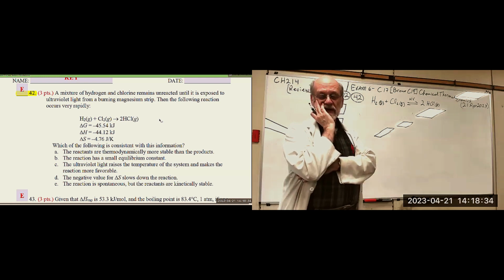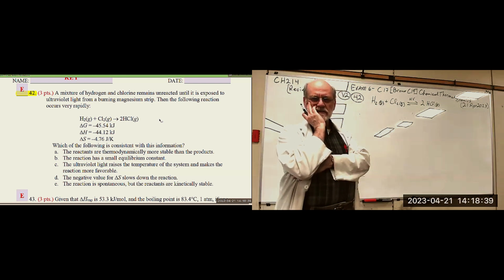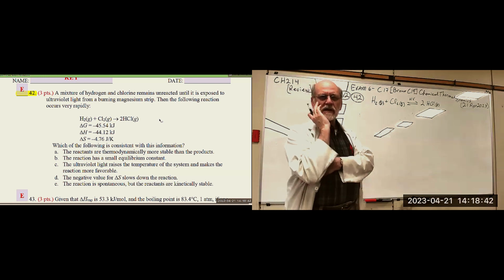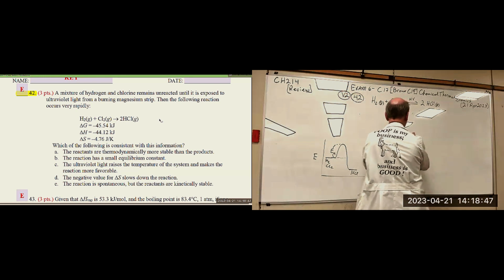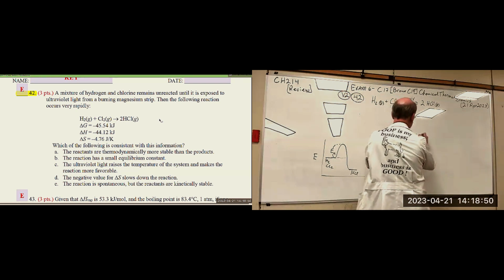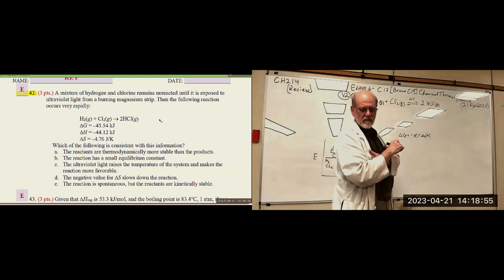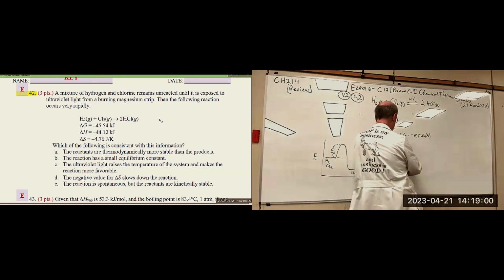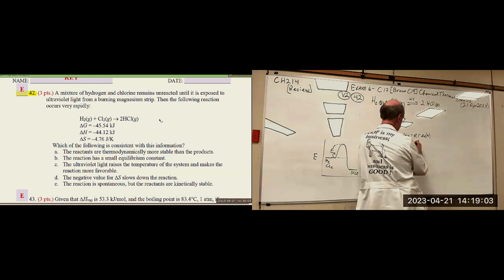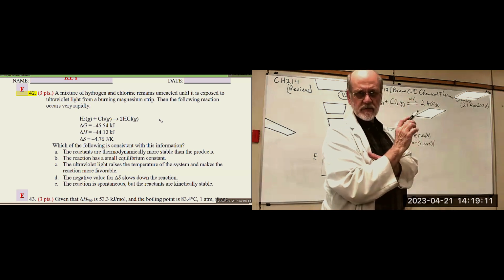That's the question. B: Reaction has a small equilibrium constant. We'd have to calculate, use delta G equals negative RT ln K. So delta G is minus 45.54, and this has to be in joules, 10 to the third, equals minus 8.3145 times temperature.